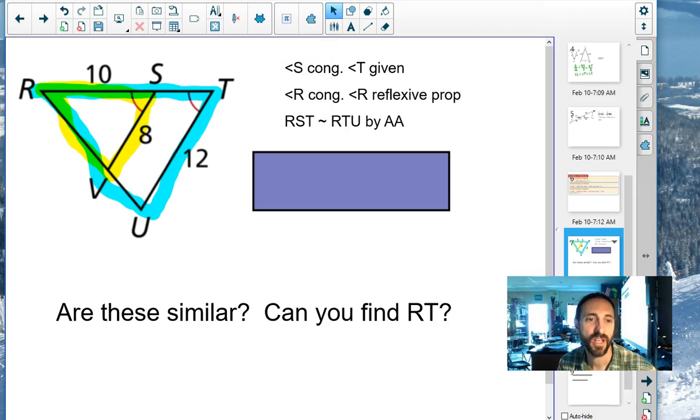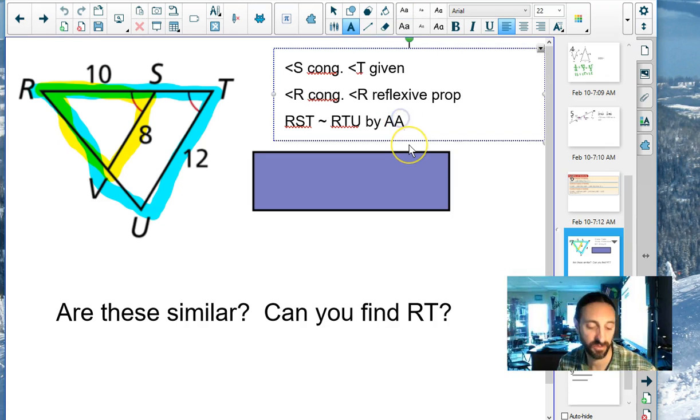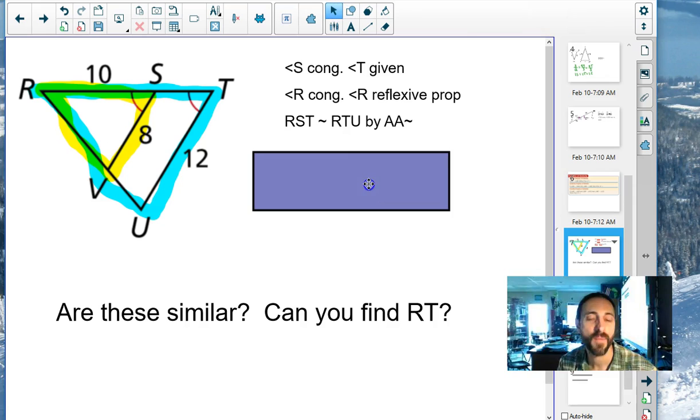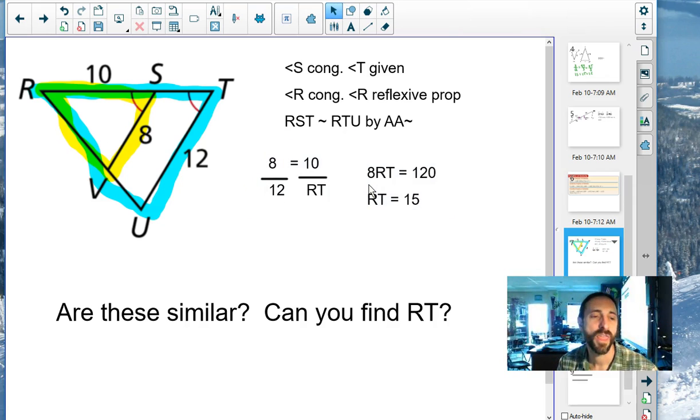Well, in that case, these two triangles have to be similar by angle-angle similarity, right? You see that they have two angles together, that means everything else is similar as well. Well, now that I know that the triangles are similar, their sides have to be proportional. So 8 goes with 12 as 10 goes to the entire length.